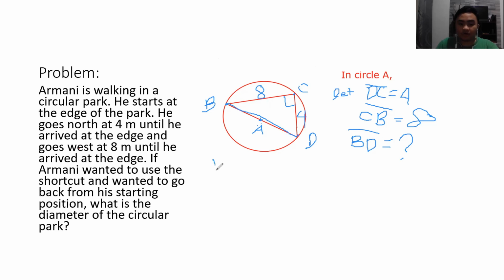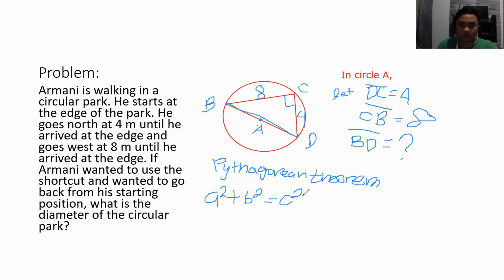The formula for the Pythagorean theorem is a squared plus b squared is equal to c squared, where a and b are the sides of the triangle and c is the hypotenuse.